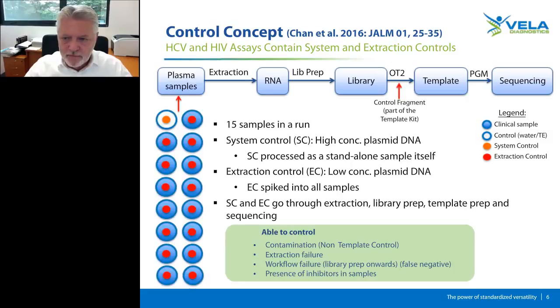Then we have an extraction control, which is a low concentration plasmid DNA. This extraction control is spiked into all samples and processed through the whole cycle of the assay. SC and EC go through extraction, library prep, template prep, and sequencing. Using this control concept, we are able to control for contamination, extraction failure, workflow failure, and the presence of inhibitors in samples.